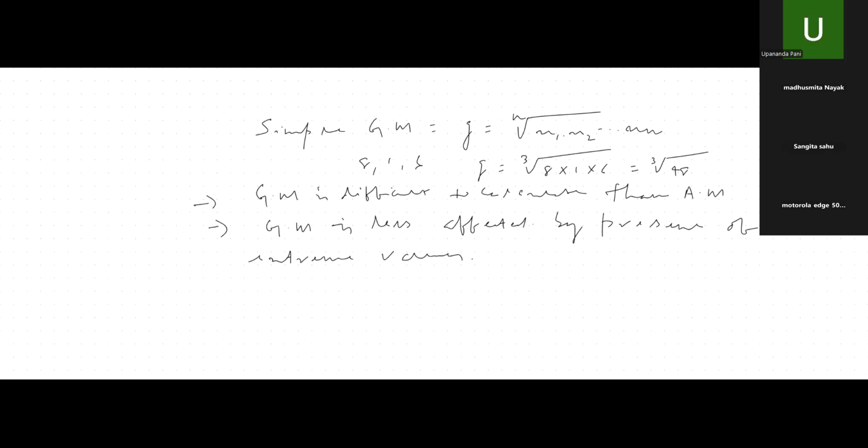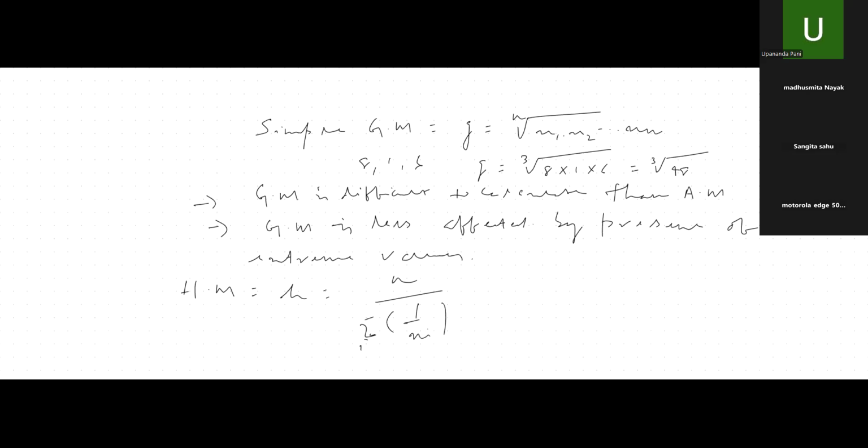Then comes our harmonic mean. The simple harmonic mean we can calculate as H, which is nothing but n upon the summation over i of 1 upon xi.